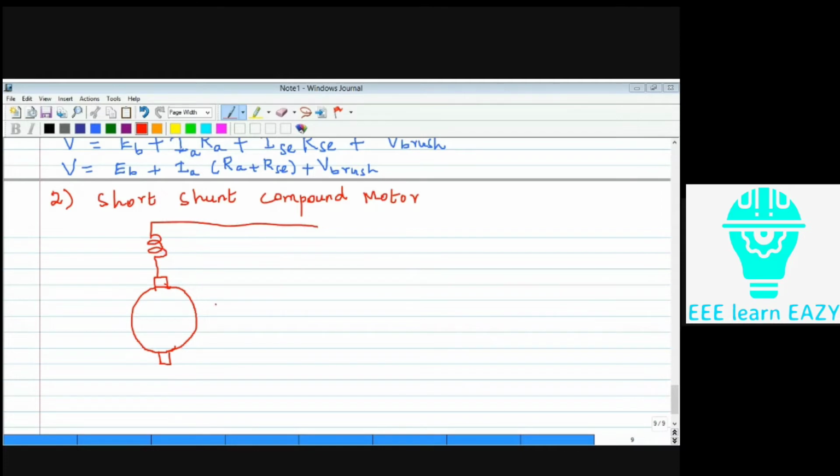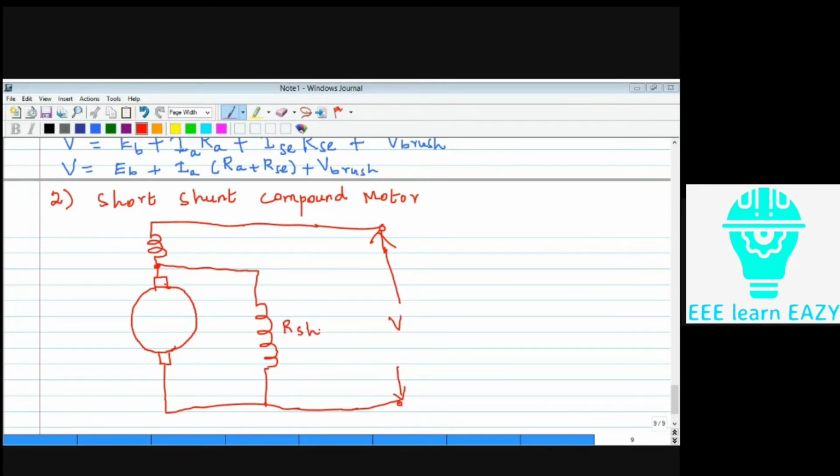But the shunt field is connected differently: instead of being connected here, the starting end of the shunt field winding will be connected like this at this point. Okay, so this is the short shunt compound motor. We have the supply voltage V, and this is the shunt field R shunt.